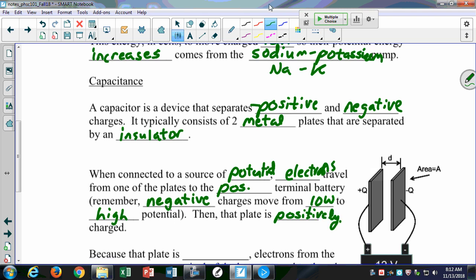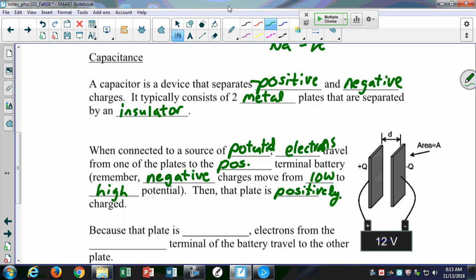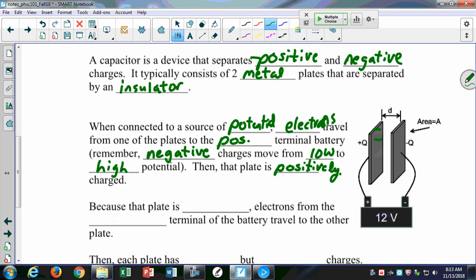So what that means is that when I put a battery on this thing, negative charges will move. If I have any negative charges that are on this plate, they'll get up and they'll move over here. And then that leaves a positive charge on this plate. I just suck away all the electrons, and then those electrons will be deposited onto this plate. So it leaves me with a positive plate and a negative plate.